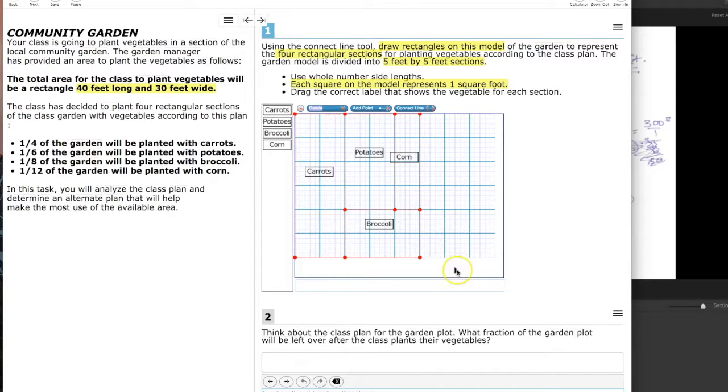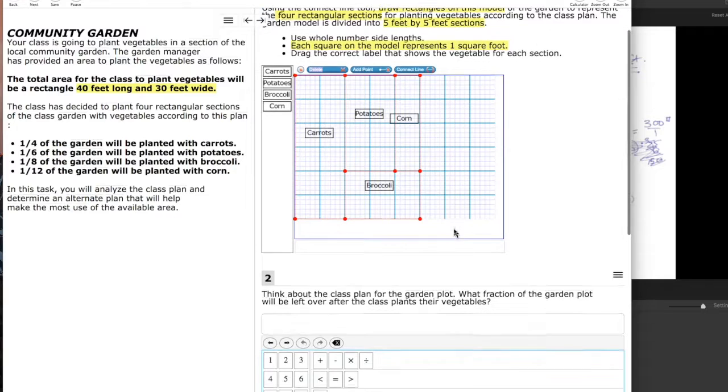Okay, and then how much is left is easy to see because it's all just one big rectangle of 3 by 6, which is 18. 3 times 6 is 18, so there's 18 5 by 5 foot squares left. Okay, so there's that. Now think about the class plan. What fraction of the garden plot will be left over after the class plants their vegetables?